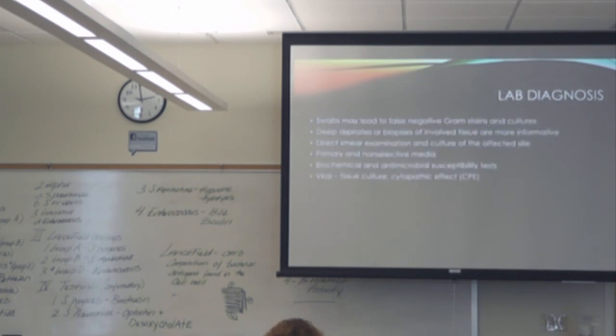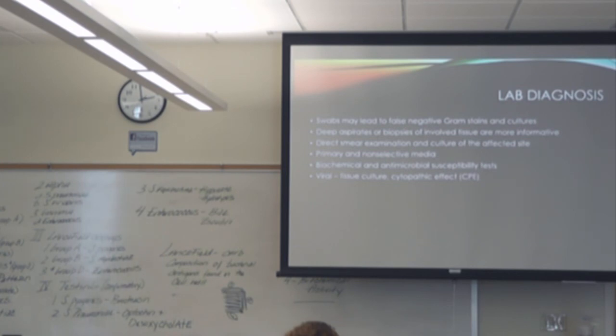All right, lab diagnosis. So swabs might lead to false negatives, so a lot of times they use Gram stains and other cultures. Biopsies of the tissues or aspirates of the tissues are much more informative, okay?